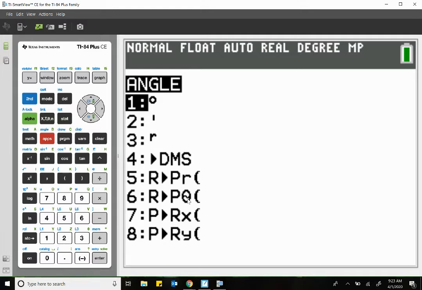This will take your rectangular information and convert it into polar. And then this will take your polar information and convert it into rectangular. So I'll show you some things. It's really kind of cool.